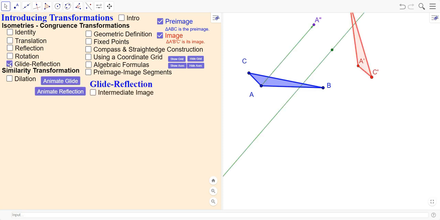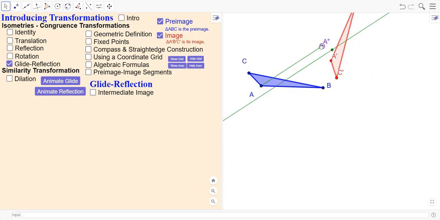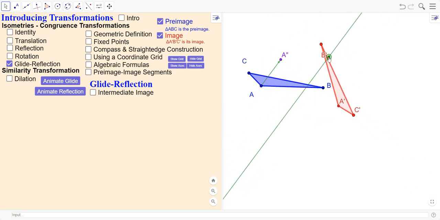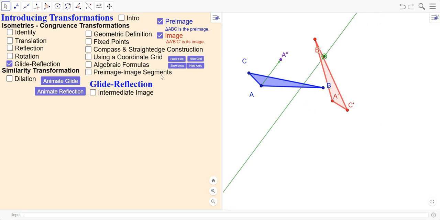Turns out there's one more kind. It's called a glide reflection. What happens on a glide reflection is you specify a vector and then a line that's parallel to that vector. First you slide the figure along the vector to do a translation.